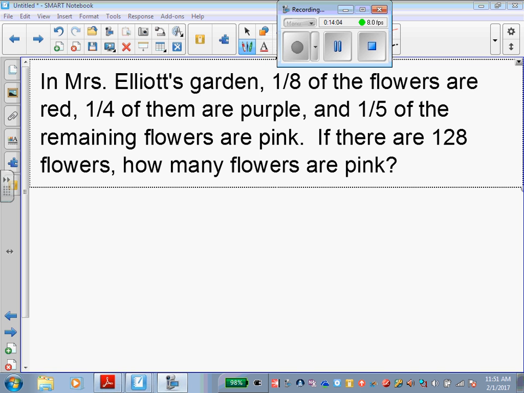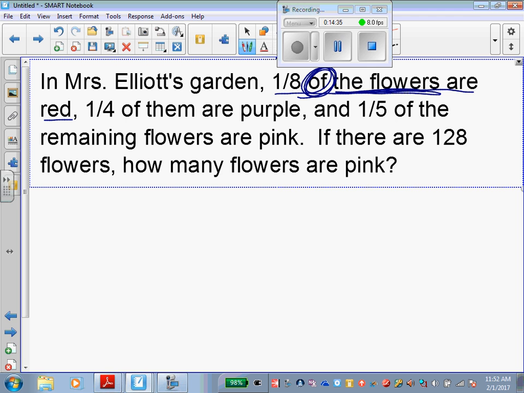Brandy. Okay, now I'm going to pause. Is it important to know that that's Mrs. Elliott's garden? No. Do we really care whose garden it is? No. But what is important is what you said after that. 1/8 of the flowers are red. 1/8 of the flowers. Okay?